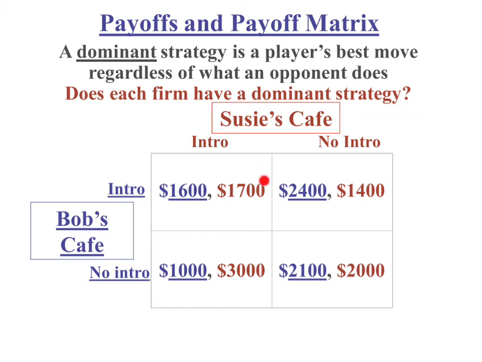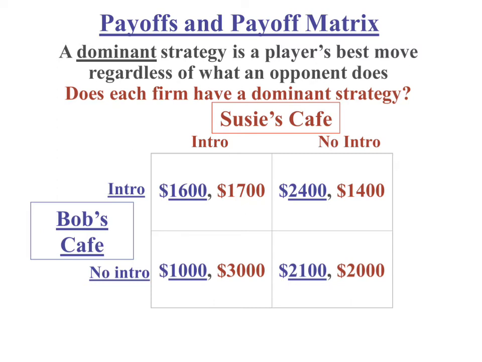So if Susie introduces the breakfast sandwich and Bob also introduces the breakfast sandwich, okay, then Bob is set to get $1,600. And I've indicated that by putting Bob in blue and underlining, okay? So if Bob introduces, he gets $1,600. If Susie introduces, but Bob doesn't introduce, okay, then Bob gets $1,000.